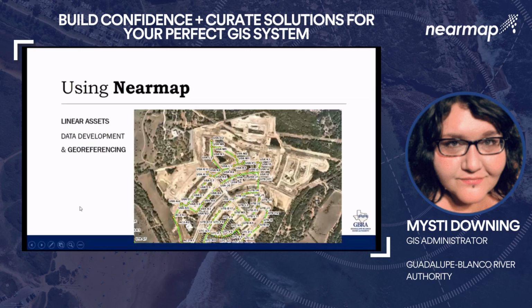When I started 4 years ago, it was just me. I've had a GIS analyst now since last May, so almost a year, which has been amazing. But for a while, it was just me. So it was a lot of data development and georeferencing plans. You can see that this is a brand new subdivision under development.